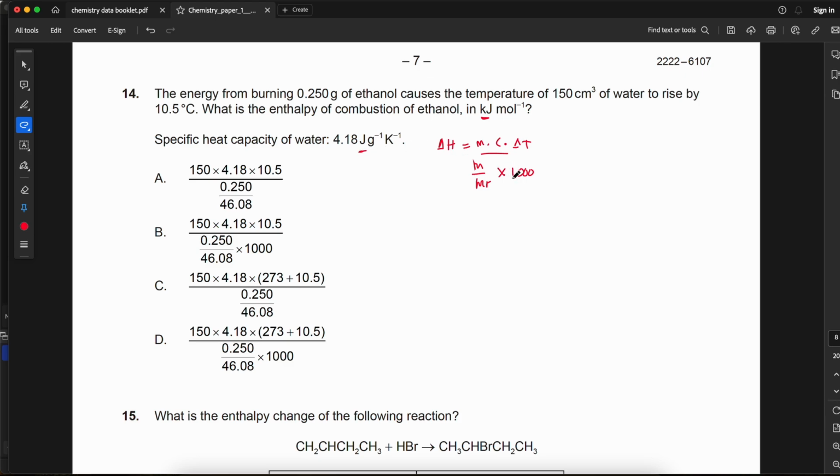So if you plug into the formula, that will be 150 times 4.18 times 10.5, because delta T is 10.5, divided by mass, which is 0.250, divided by the molar mass of ethanol, CH3CH2OH, which is 46.08 after you do some calculations, divided by 1000. So the answer will be B.